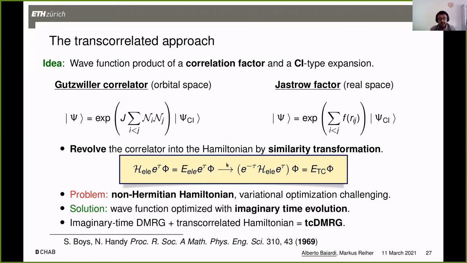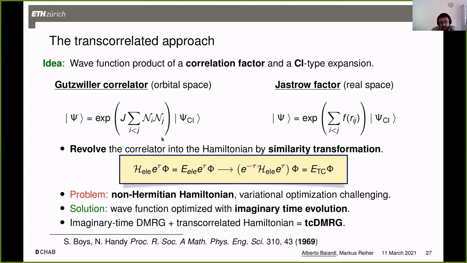And the transcorrelated approach is a very old idea and amounts to expressing the wave function as a CI wave function, which in our case will be the DMRG wave function, and scaling it by a correlator. So either a Gutzwiller correlator, which has already been introduced in the previous talks, or a Jastrow factor in real space.